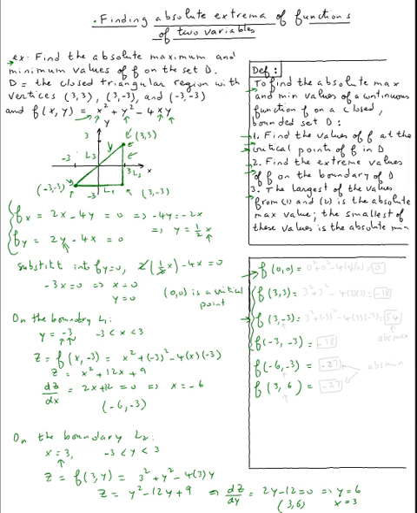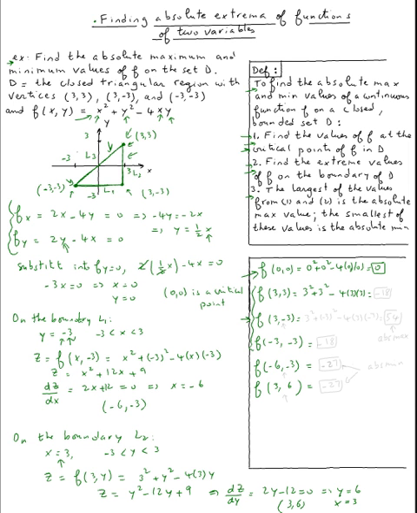So f of (0, 0) will be 0 squared plus 0 squared minus 4 times 0 times 0, which is just 0. Same thing, f of (3, 3) will be equal to 3 squared plus 3 squared minus 4 times 3 times 3.